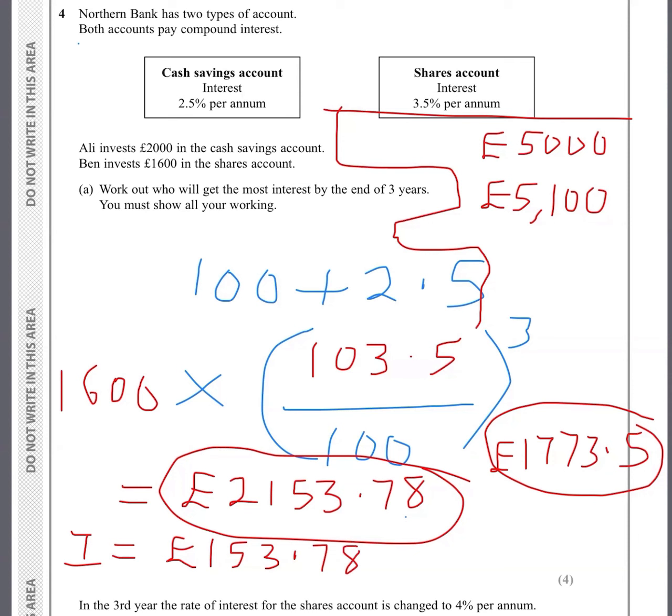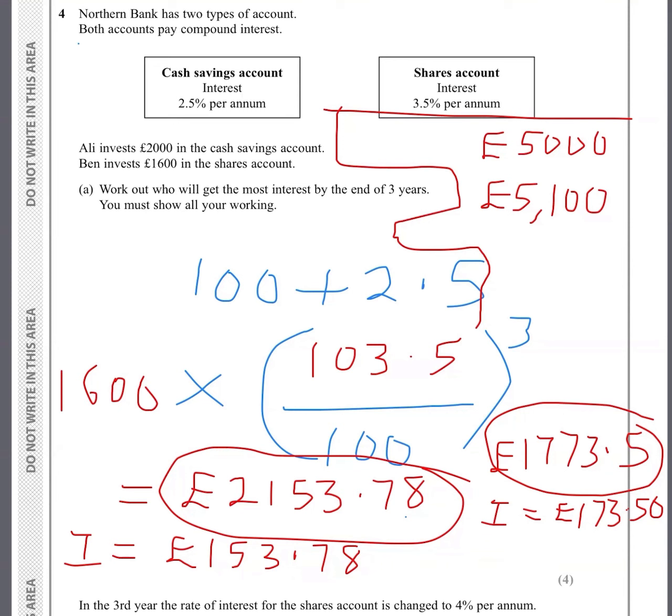So what would be the interest for the other guy? 173.95, because we are taking it away from 1,600. That's 173.95. So who gets the more interest? Ben.